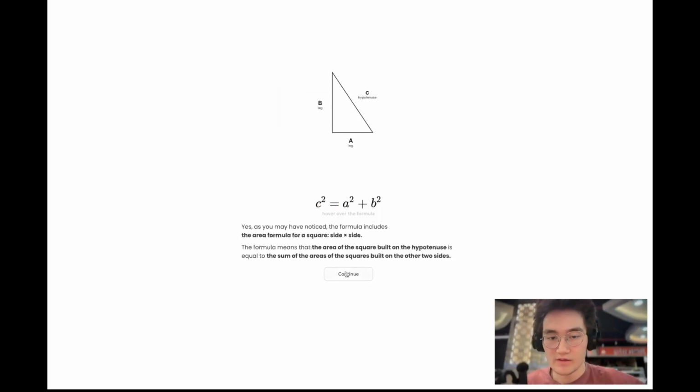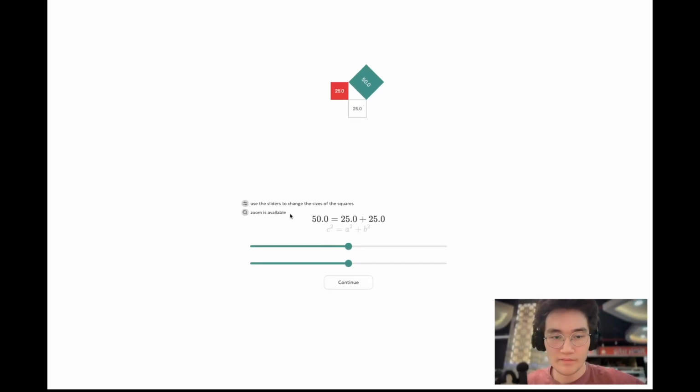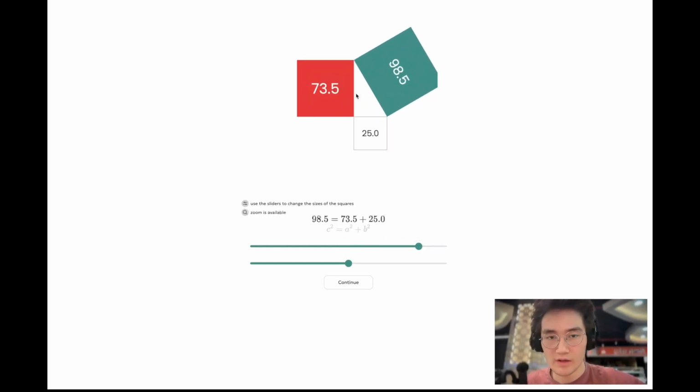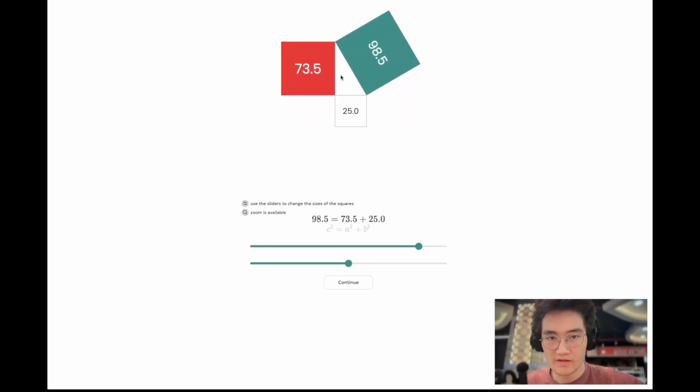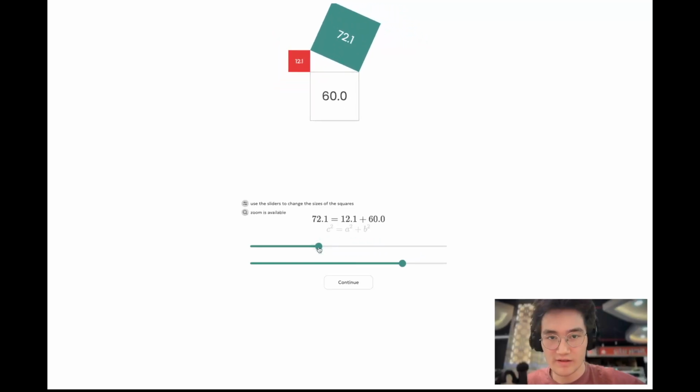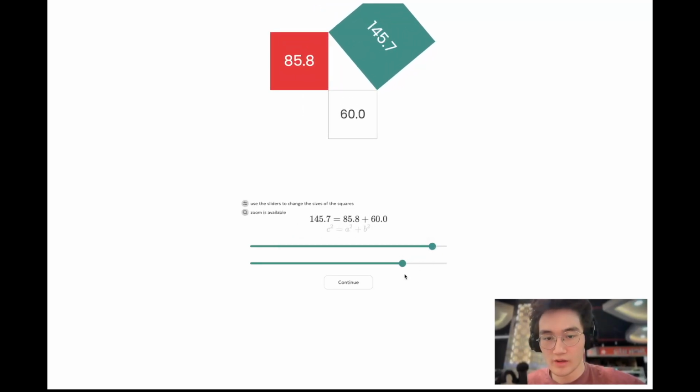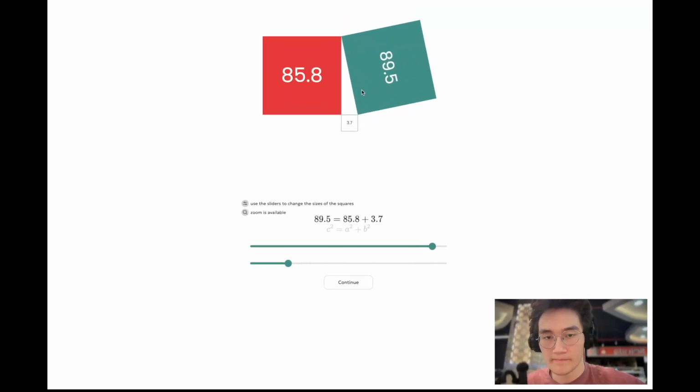Okay, let's continue. It's quite understandable. So use the slider to change the side of the squares. Zoom is available. Okay, so what we see here is a right triangle, and we see three squares. We can change their size, and we see that our formula actually works.